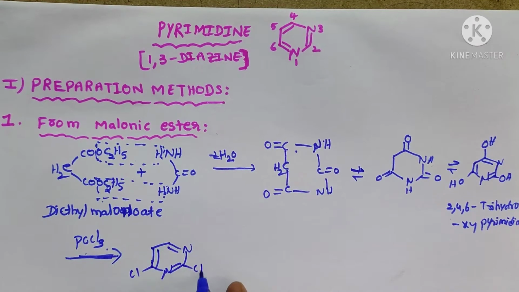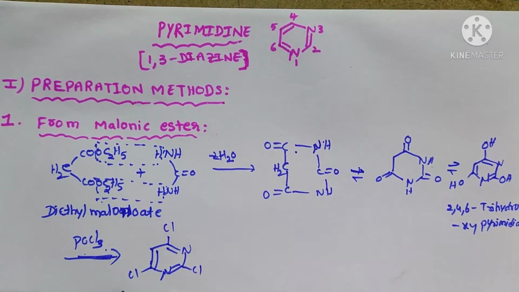So here we get the 2,4,6 trichloropyrimidine.